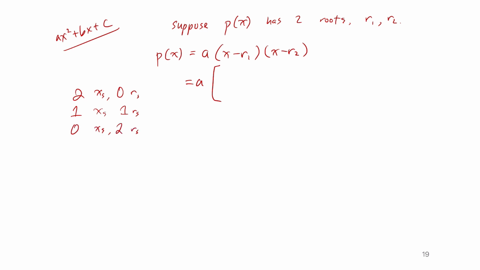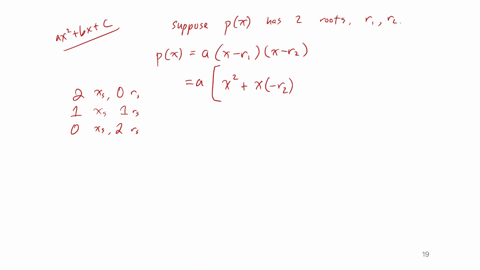The only way this is different than the binomial theorem is that before, all of the things we were multiplying together were all the same. Now they're not necessarily. We have x minus r1 and x minus r2. Okay, so in the first case, if we multiply the two x's, we'll have x squared. In the second case, if we multiply one x and one of the r's, I'll have plus x times negative r2.